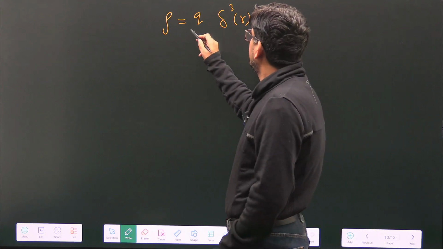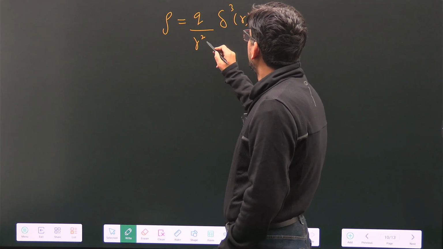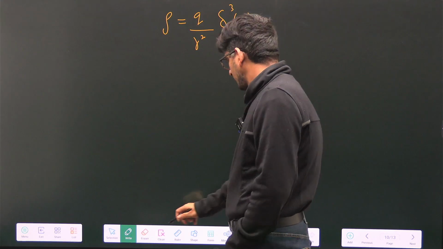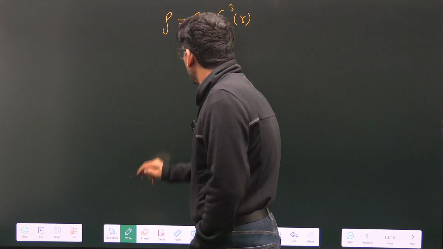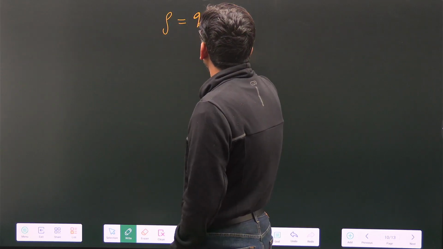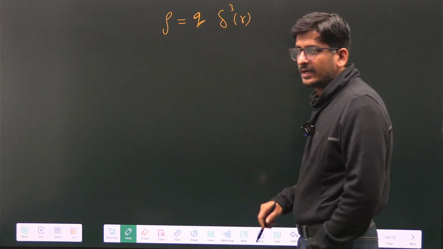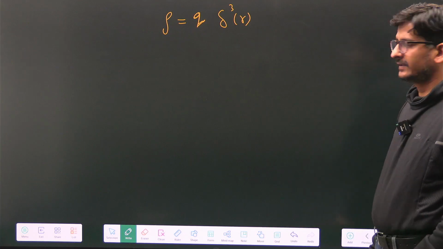So what is the charge density? q into delta of r bar. Is it correct?